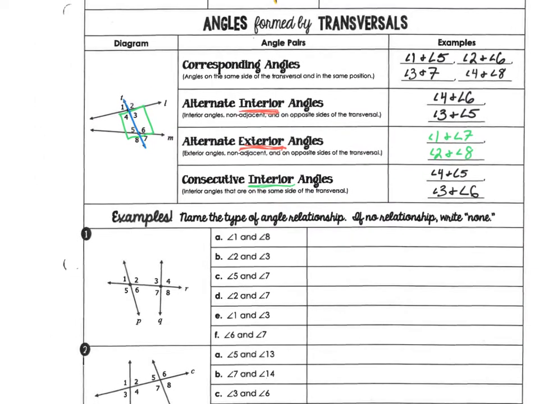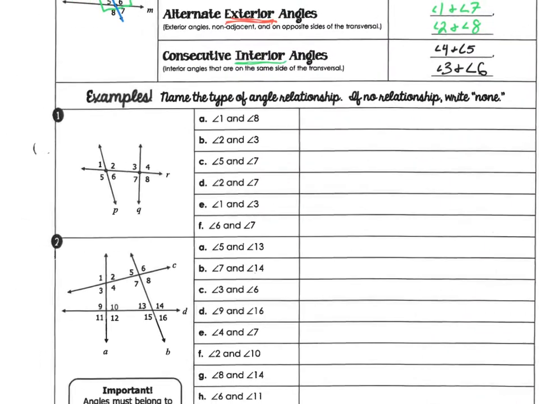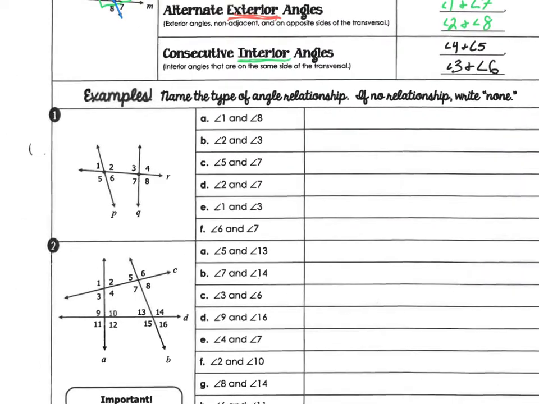All right, so looking at these 4 classifications that we have at the top, we're going to come down here and do these boxes. Okay, so we are looking at angle 1 and angle 8. Are they interior or exterior angles? Exterior.